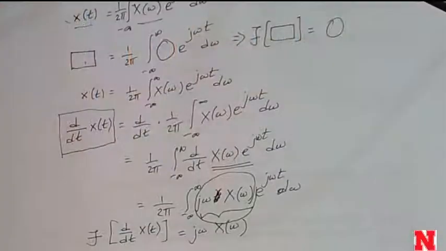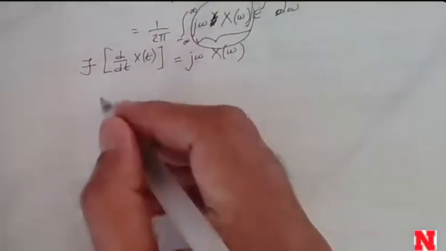Now I'm going to flip this around. I'll show you how you can use the Fourier transform of the derivative to come up with the Fourier transform of the function itself. So let me rewrite this.